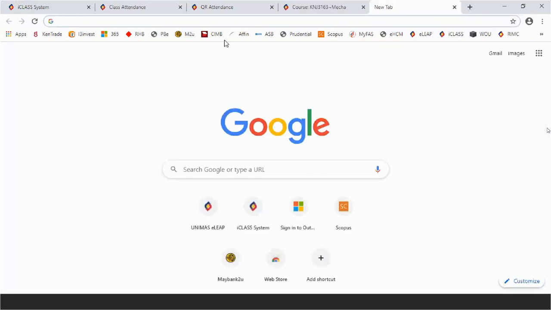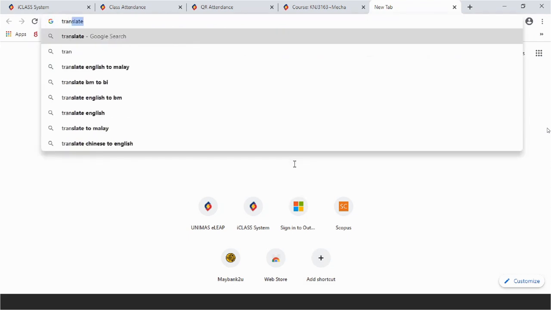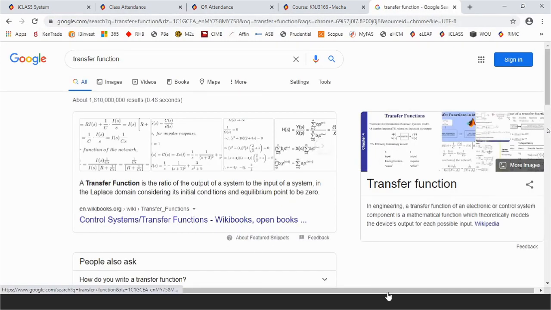So let's say I go to Google here, searching for transfer function. We look into examples of transfer functions.